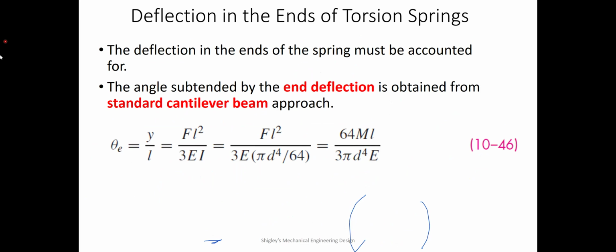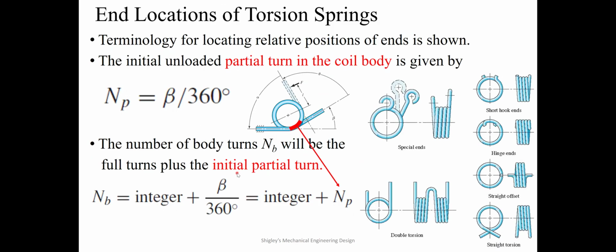Okay. So the deflection at the end of the spring must be counted too, right? The angle subtended by the end deflection is obtained from the standard cantilever beam. So what does this mean? Let's go back to the figure.